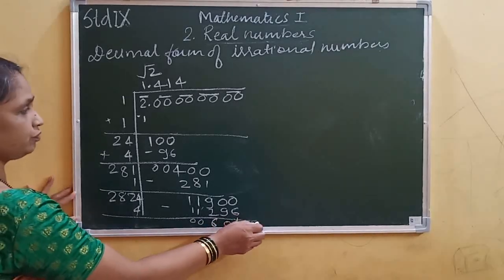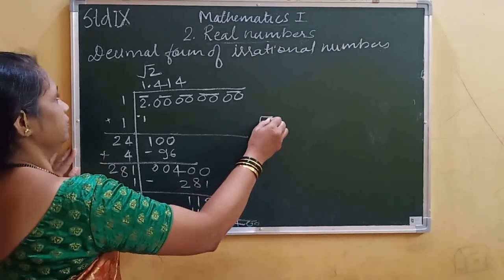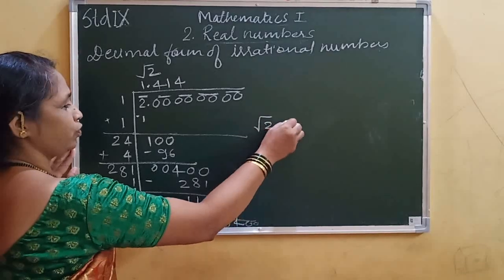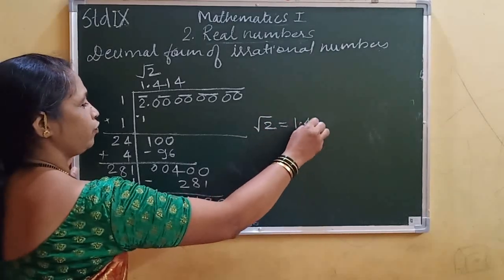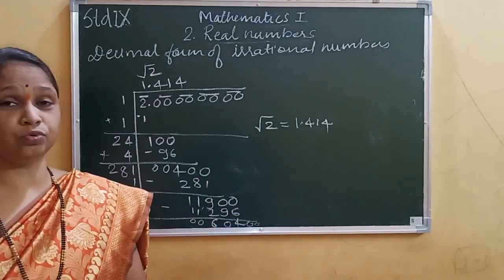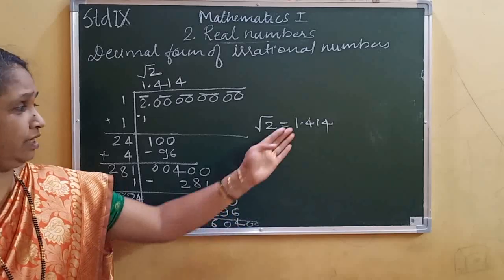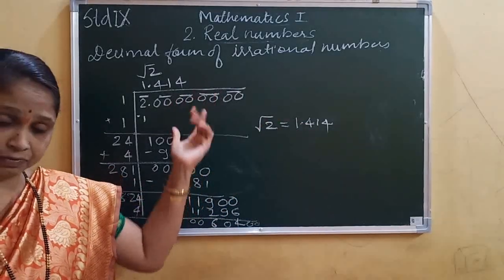Now further also, if you want, you can do it. So what is the decimal form of root 2? It is 1.414. This is the value of root 2. How can we convert the irrational number into decimal form? By the division method.